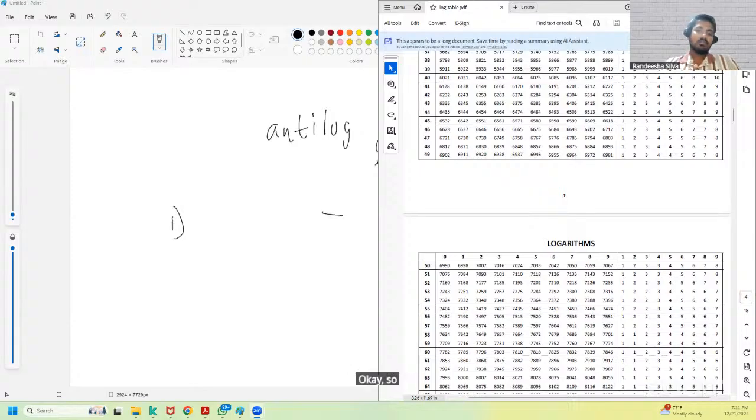Here you have to use the characteristic part to decide where the decimal point goes. Write down after the "place the decimal point" part, with a dash: use the characteristic to decide where the decimal point goes.